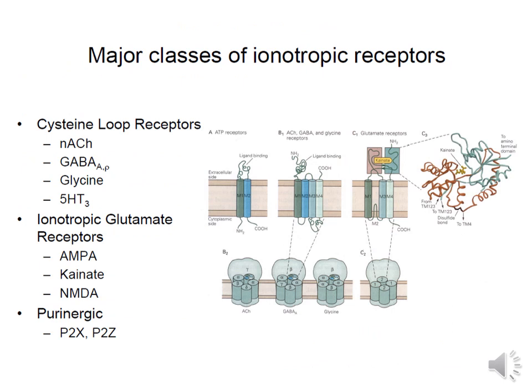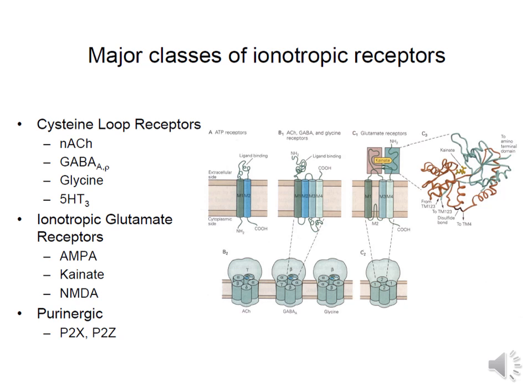So there are different ligand-gated channels we can find in eukaryotic cells. And here there is a list of how, between the 3 different families, we can distribute the different major ionotropic receptors.